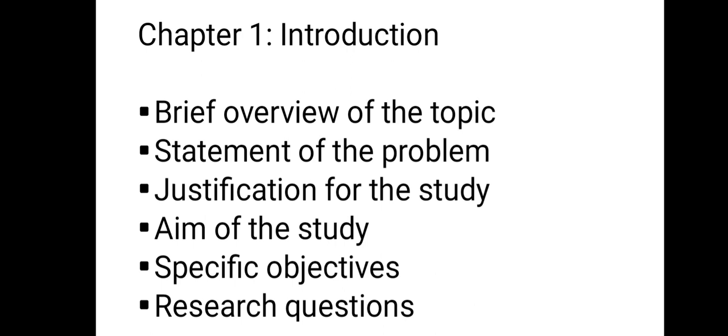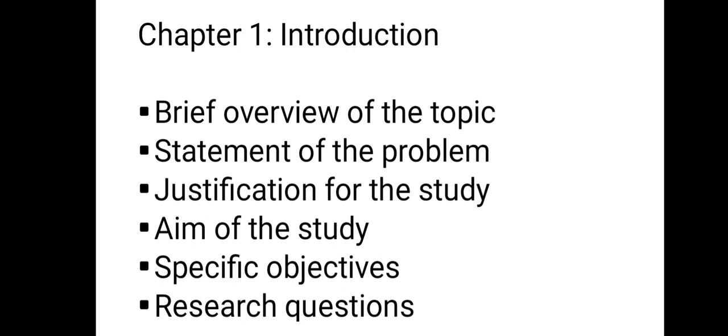If not, the thesis may be going left or right without having a common purpose. Usually, in most places, the topic itself is the aim of the study. That particular topic of the thesis is usually the aim of the study in most places.